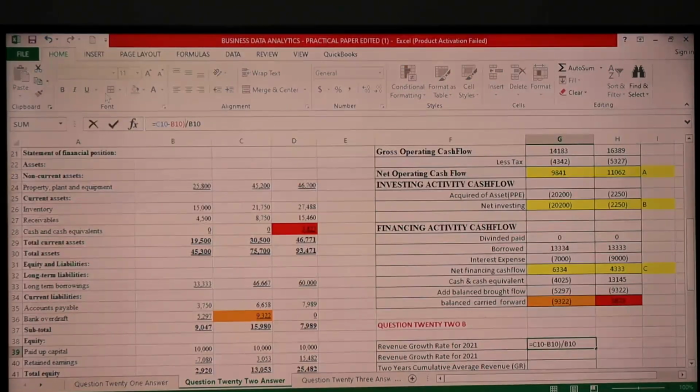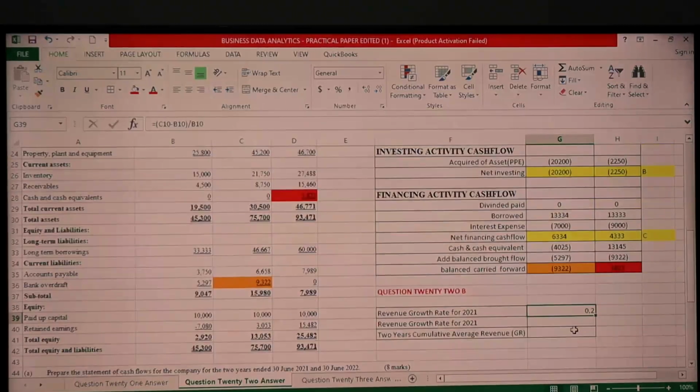It is very necessary to have these brackets first, to work out what is in the brackets first. So you will get this 0.2. You're supposed to convert this into a percentage. Above here, you just click percentage and you'll get 20%. So the revenue growth rate for 2021 from 2020 was 20%.